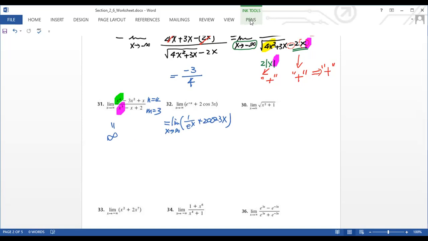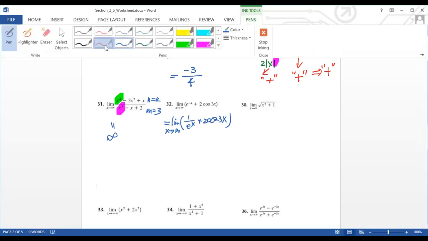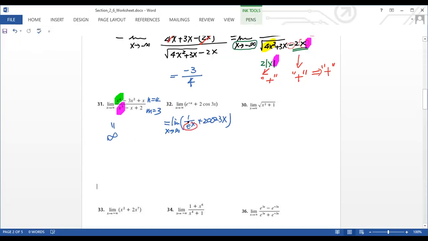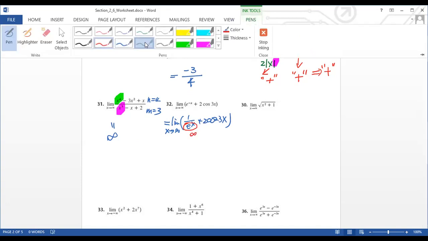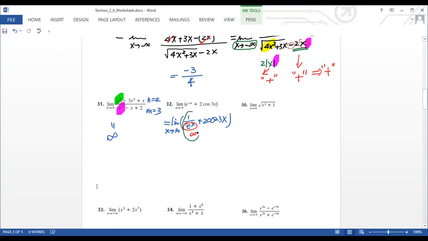All right, so as x approaches infinity, this number is going to approach infinity, correct? All right, if this is correct, then 1 over infinity is going to approach what? Approach 0. Okay, now let's take a look at the cosine.